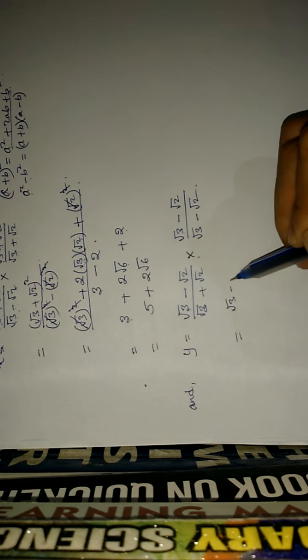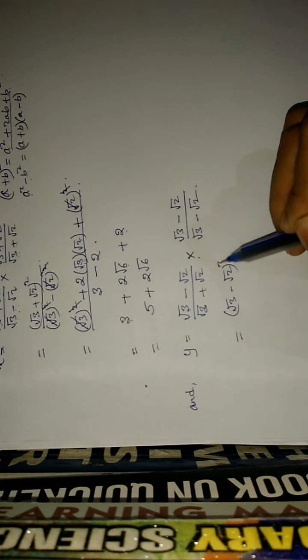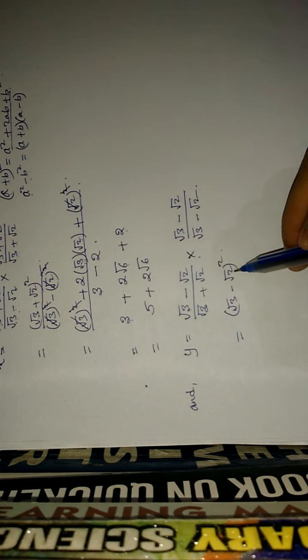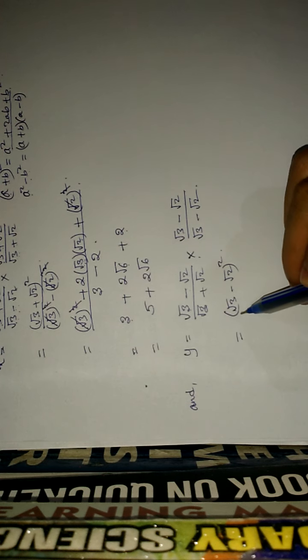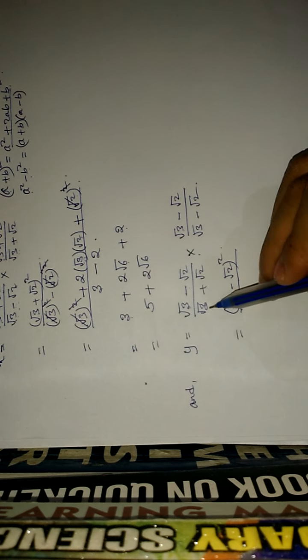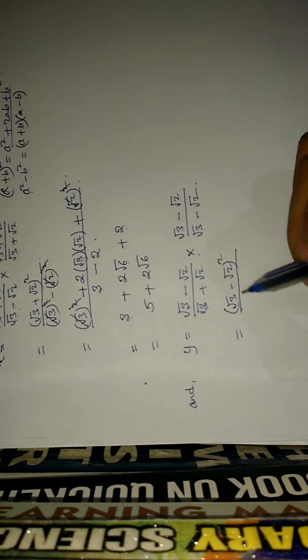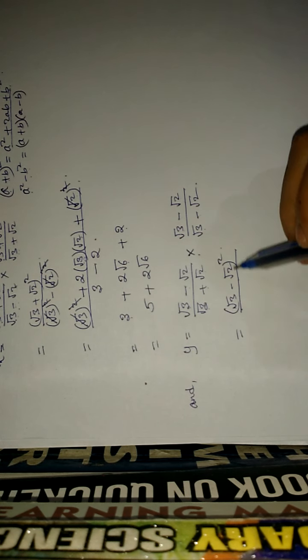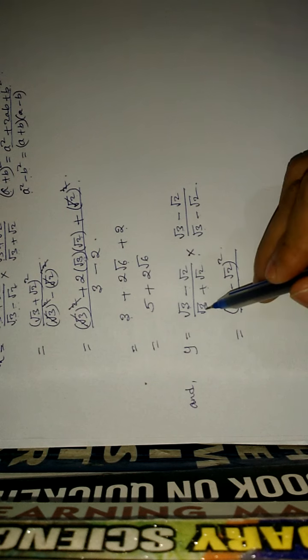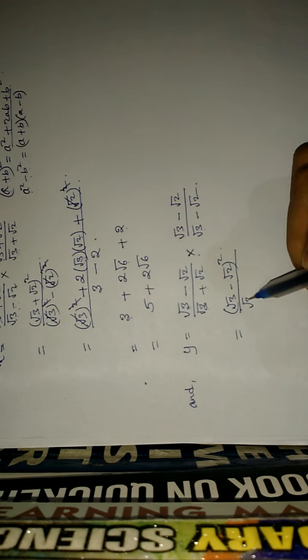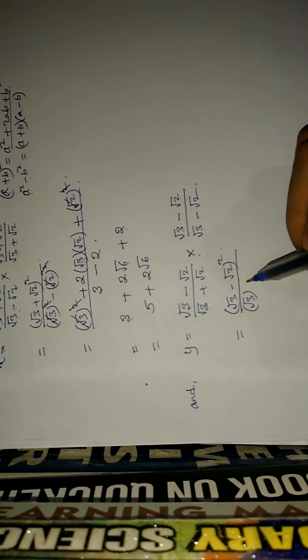A is root 3 square minus b is root 2 square. So it became a square minus b square form. Expanded form is a plus b, a minus b. Its short form is a square minus b square.